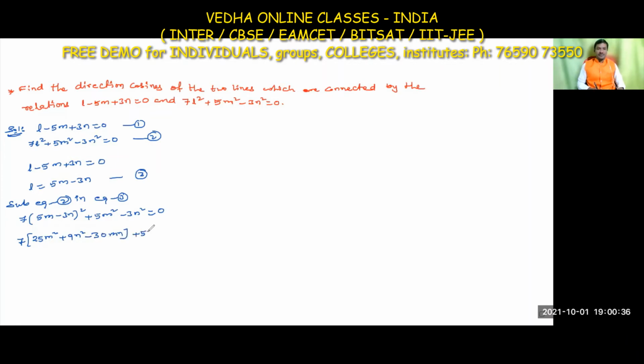Plus 5m square minus 3n square equals 0. 7 into 25 is 175, so 175m square. 7 9s are 63, 63n square. 7 3s are 21.